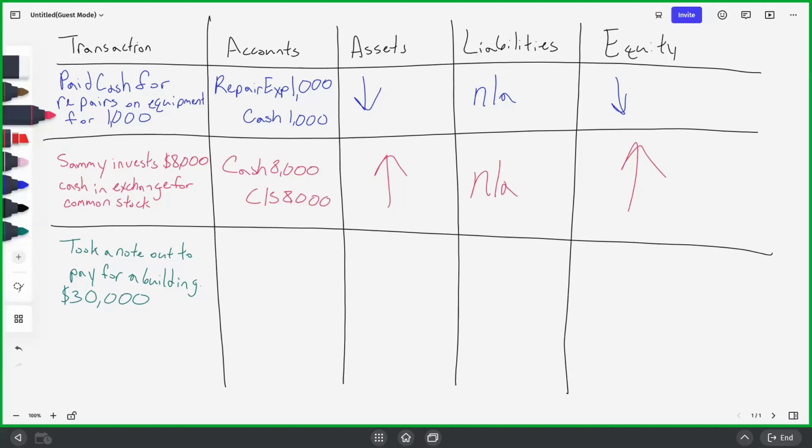So, we took a note out to pay for a building for $30,000. What's gonna be our journal entry? Is that gonna be debit or credit? What are we debiting?